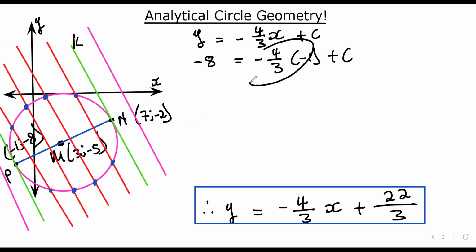Okay. So if you multiply those two, you get positive 4 over 3. But then you need to take it to the left. So it still becomes negative. So it means the y-intercept of the second tangent is just going to be negative 28 over 3.